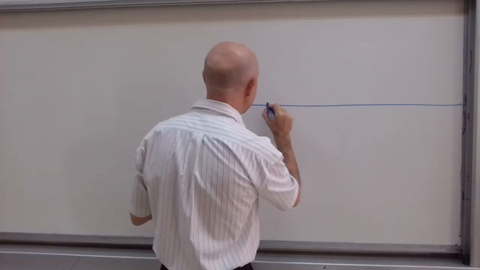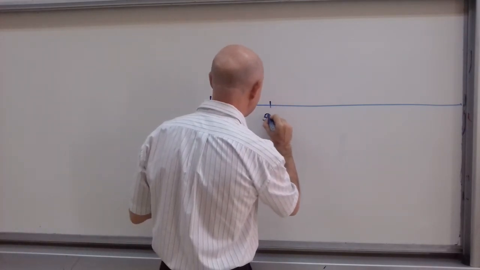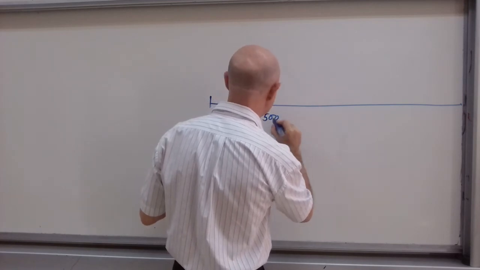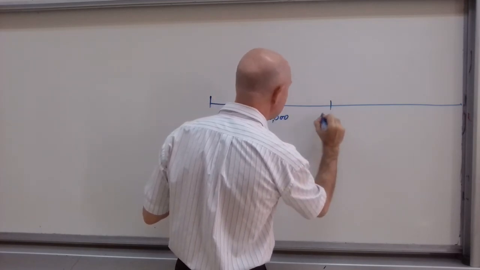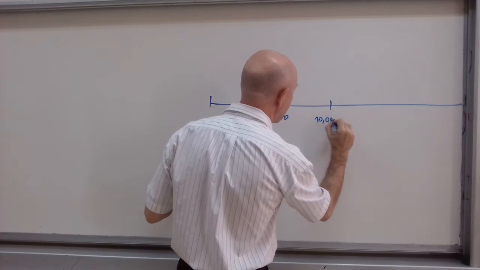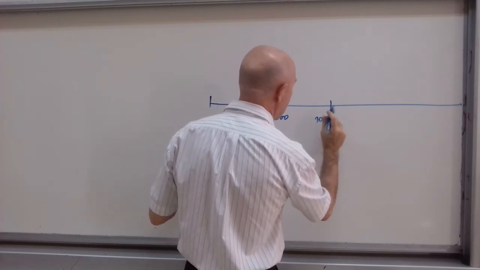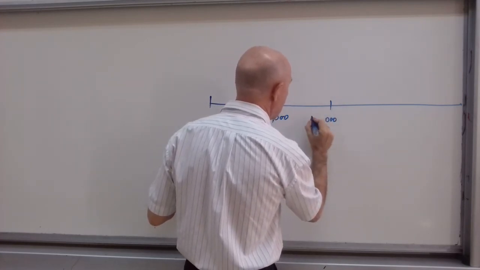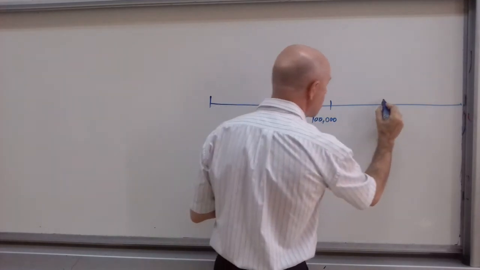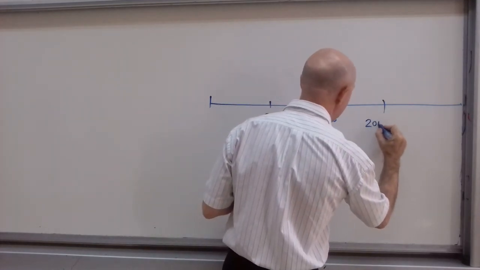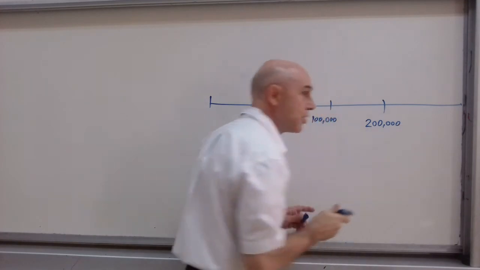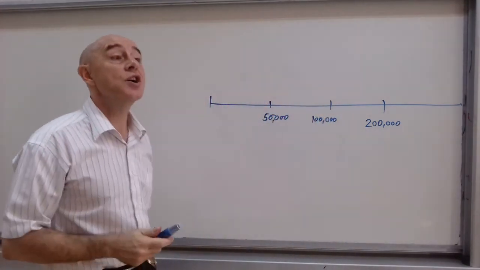So this is, let's say, 50,000, okay, 50,000. 100,000. 200,000. Where's the normal range?